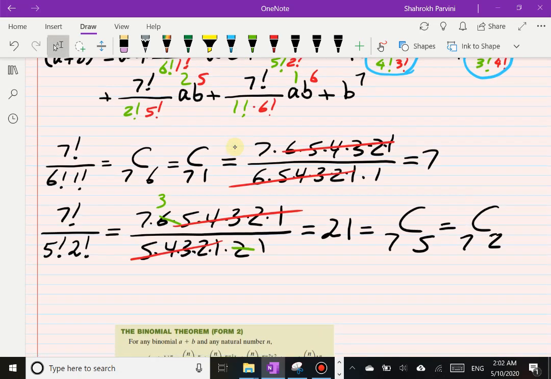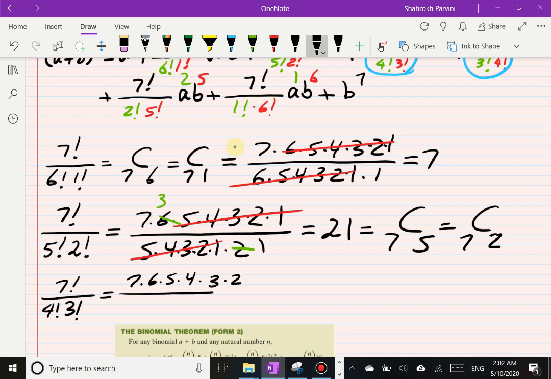And this one turns out to be 7 factorial over 4 factorial 3 factorial, which means 7·6·5·4·3·2·1 over 4 factorial, 4·3·2·1, and 3 factorial, 3·2·1. Again, 1, 2, 3, 4 cross out.